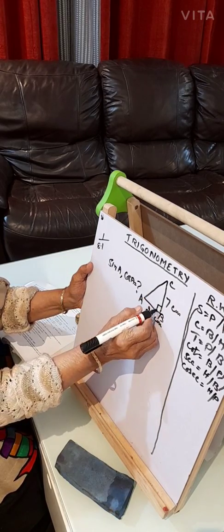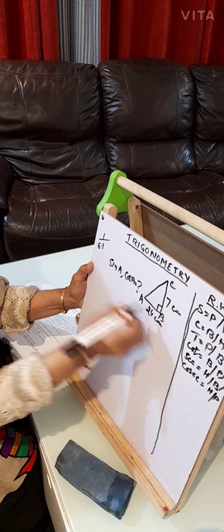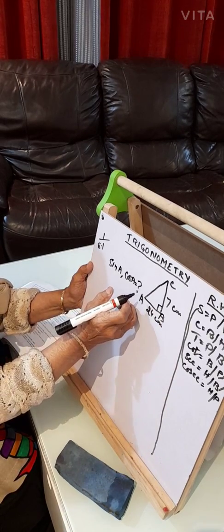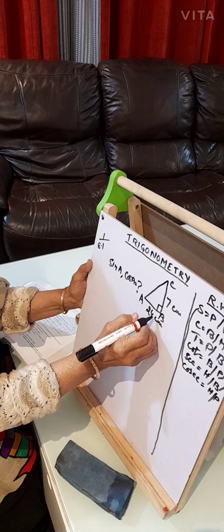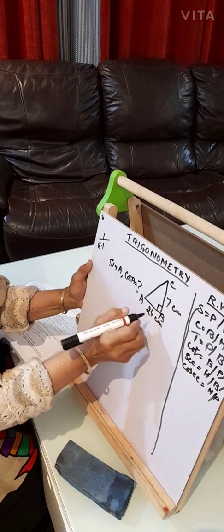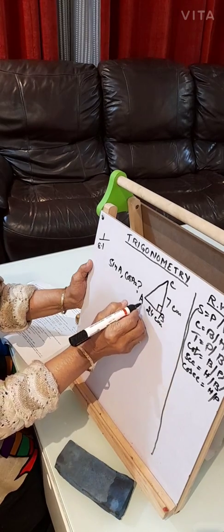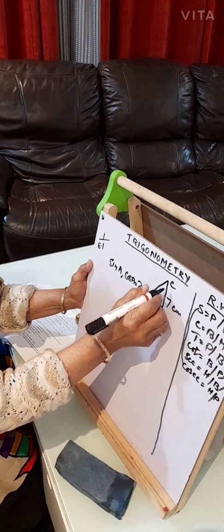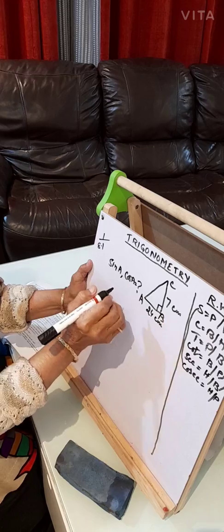I have given the symbol of right angle here at the point B. Now it is given AB is equal to 24 centimeter and BC is equal to 7 centimeters, so I have drawn the figure showing AB is equal to 24 and BC is equal to 7. Angle B is a right angle.